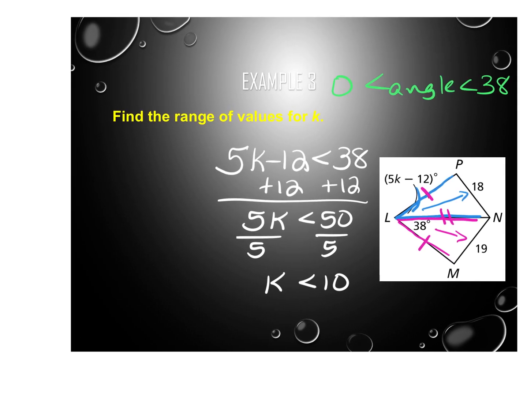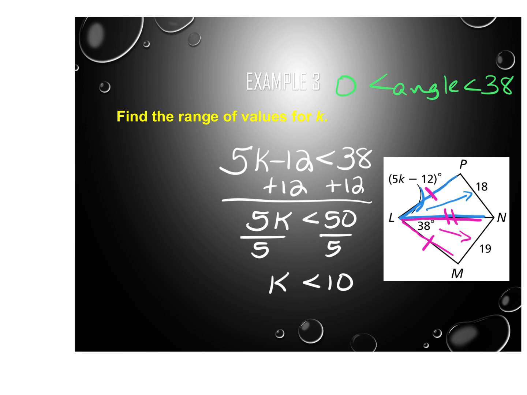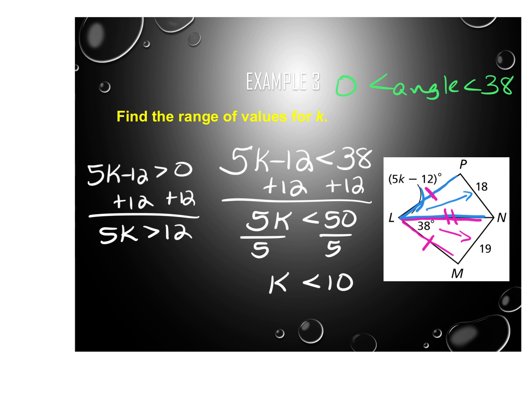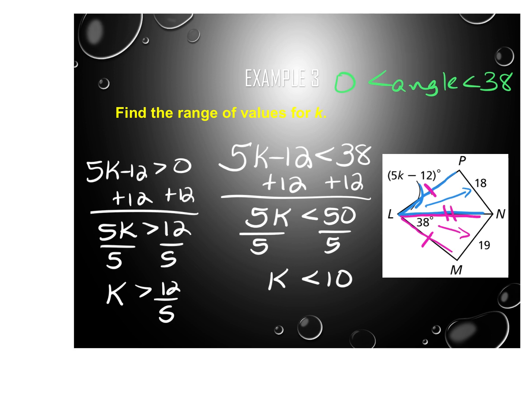So I'm also going to solve 5K minus 12 greater than 0. So I'll add 12, 5K greater than 12, divide by 5, and K has to be greater than 12 over 5.